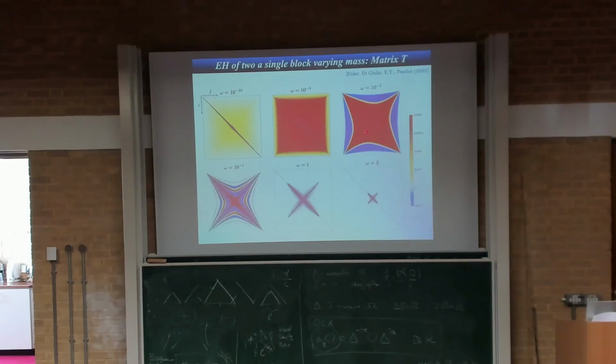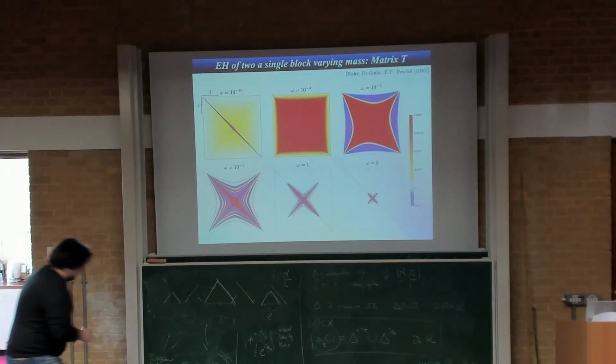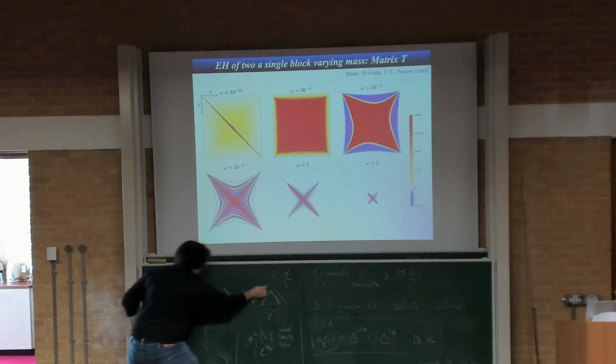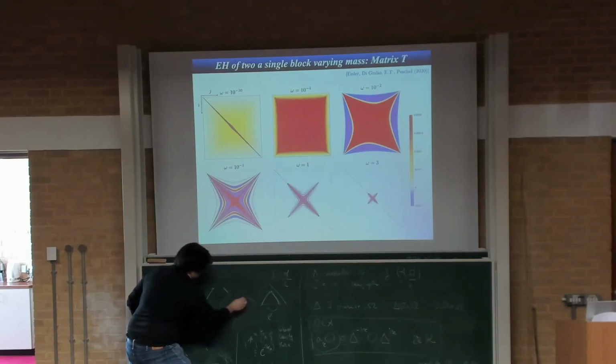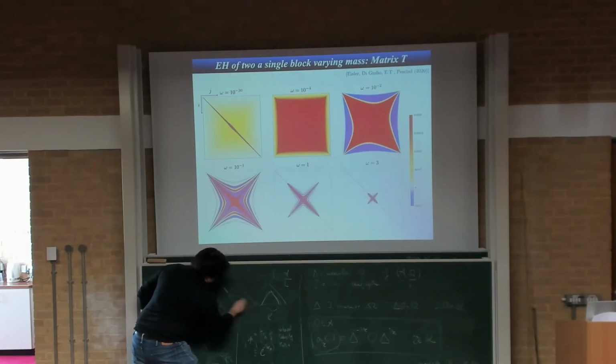No, look, this red could be an effect of the cut. You have to imagine that it's a 2D matrix, and this is the main diagonal, which is very big.